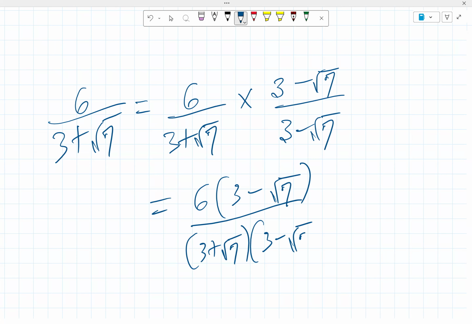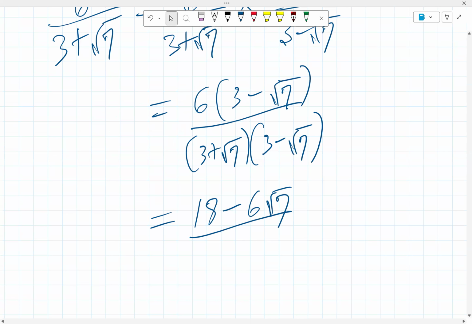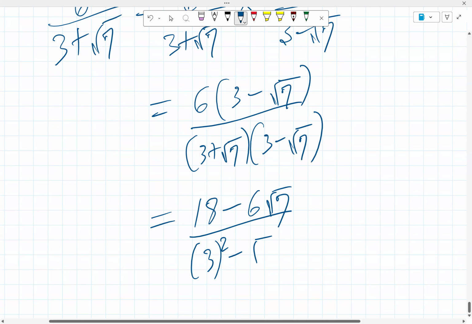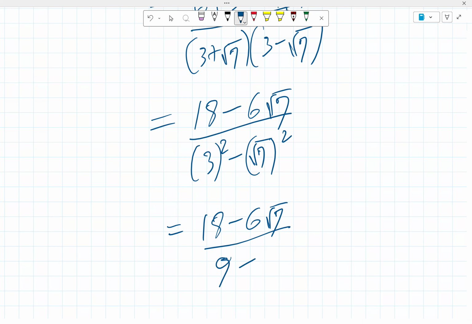So that you then have 6 times 3, 18, minus 6 root 7 all over 3 squared minus root 7 squared. So that is 18 minus 6 root 7 all over 3 squared is 9, root 7 squared is 7, like that.